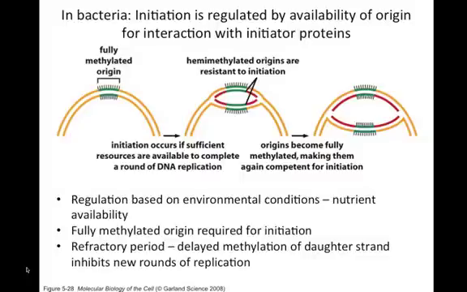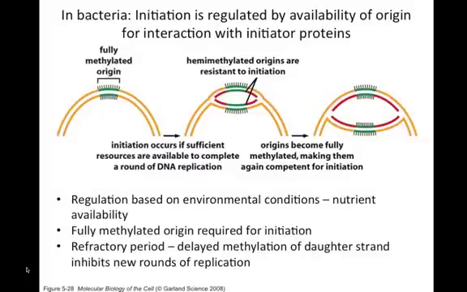Yes. In bacteria, though, a methylated origin is required for interaction with initiator proteins. And if you think about what methylation does, it's changing the shape of something. That's all it's doing. So that's why I caution you to not always think of methylation as inhibitory, because sometimes it's not.